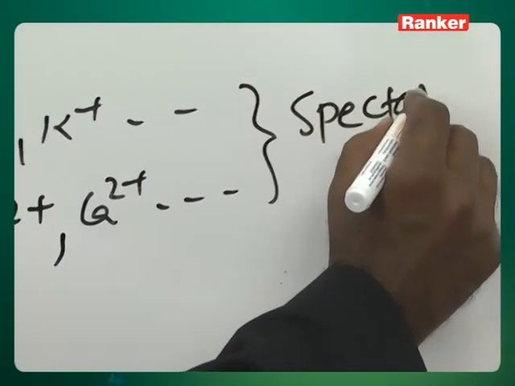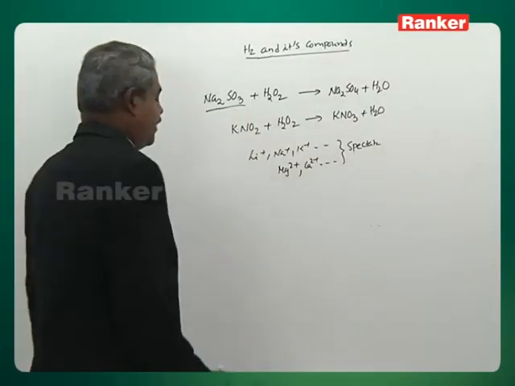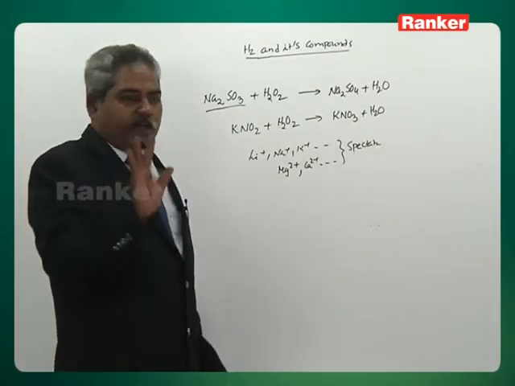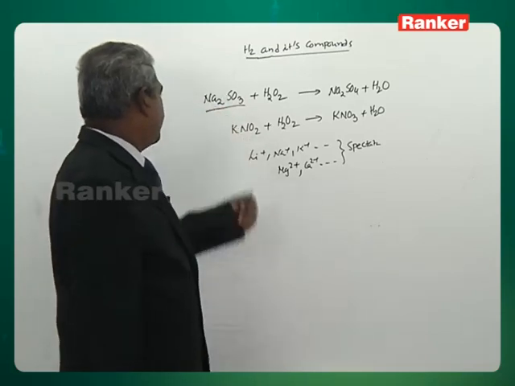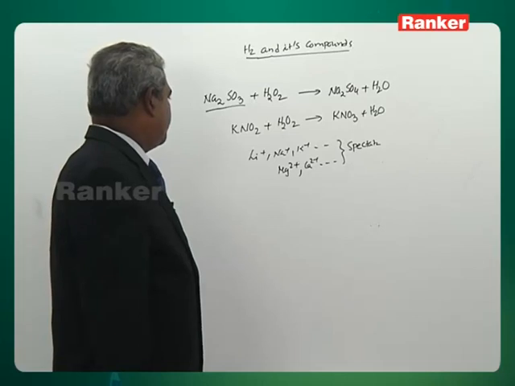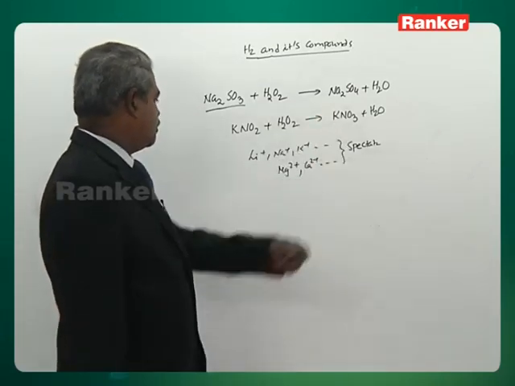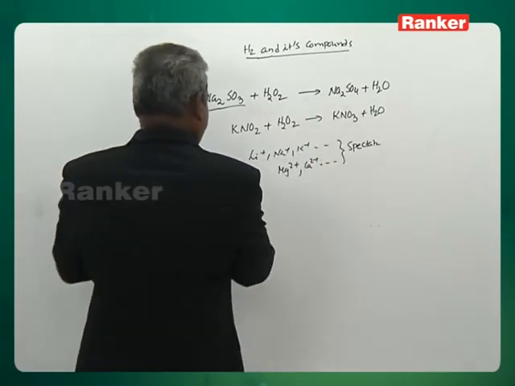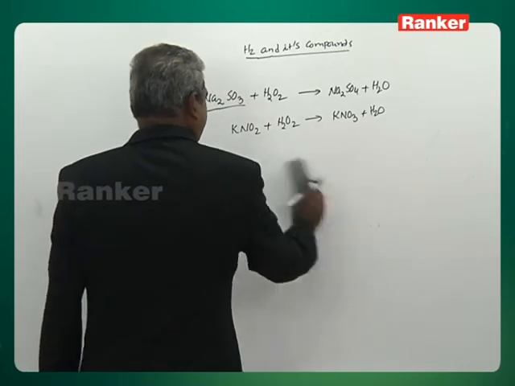So even though it is Na2SO3, for me that is SO3 2 minus only. I don't see Na2 there. I don't see K here, it is only NO2 minus for me. NO2 minus plus H2O2 gives NO3 minus plus H2O. You can predict any reactions like this.